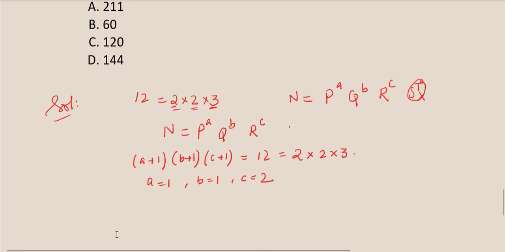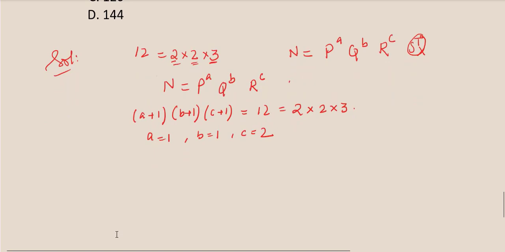As we did in the previous question, we considered the 3 smallest prime numbers to represent the number. Those were 2, 3, 5. We would consider it here as well. So we can write n equals 2 multiplied by 3 multiplied by 5. Now we need to choose what should be the power. As I told you, the smallest prime number should get the highest power.